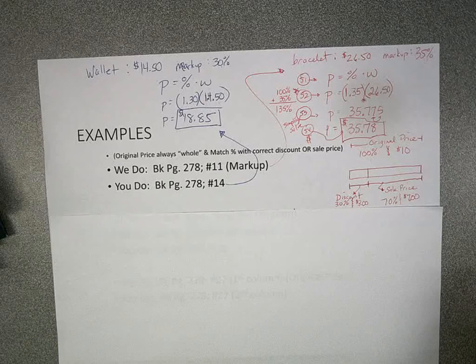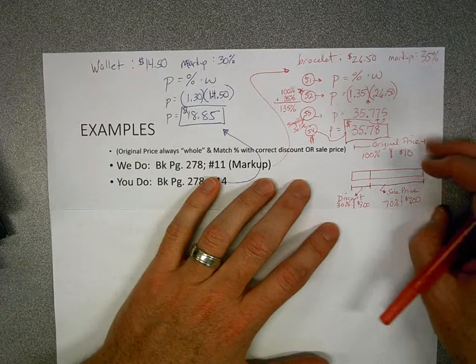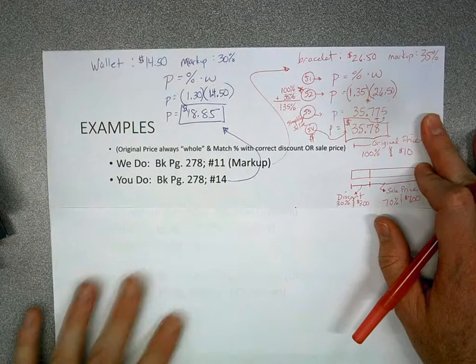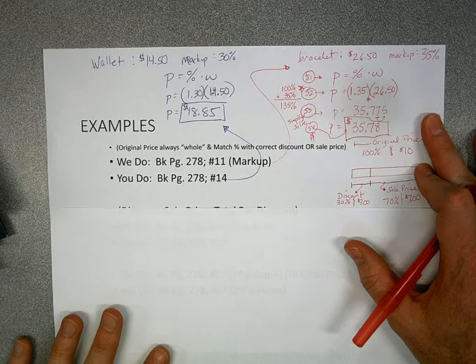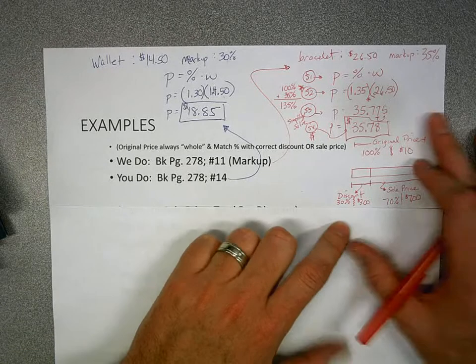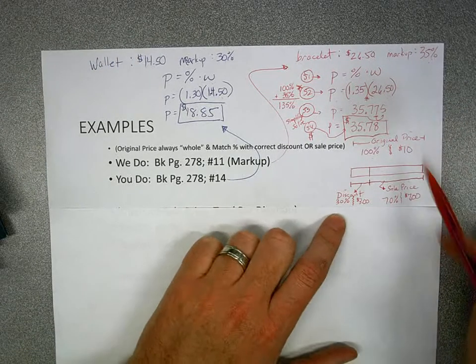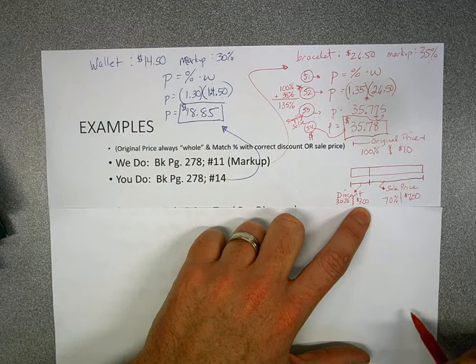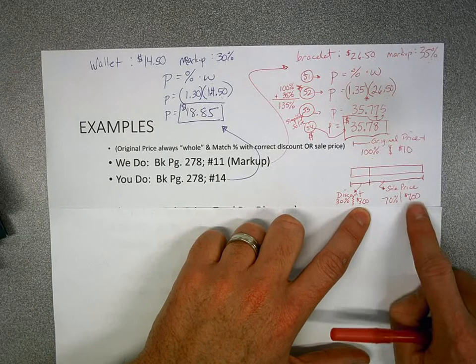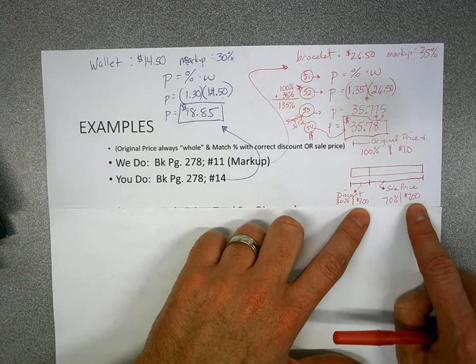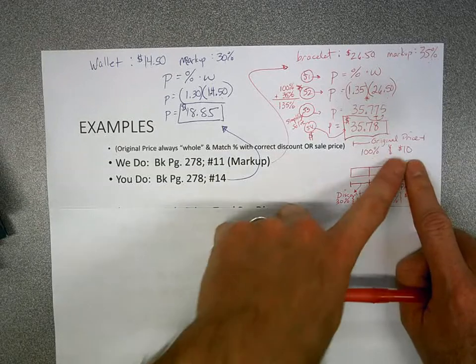Now here's what I want to point out. I want to point out some interesting things, they're not really patterns, but just some things if you don't already notice. Obviously, the discount, the $3 in price, and the sale price, $7, when added, equals the original price, right?